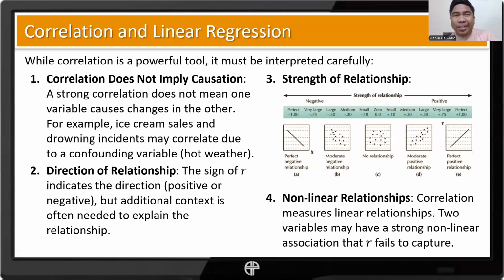This is not a coincidence, but it also doesn't mean that ice cream is the reason why those people are drowning, right?